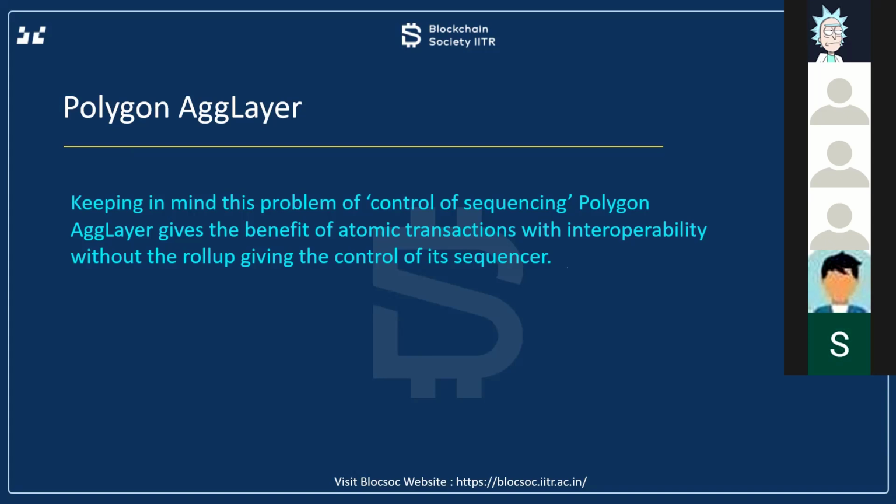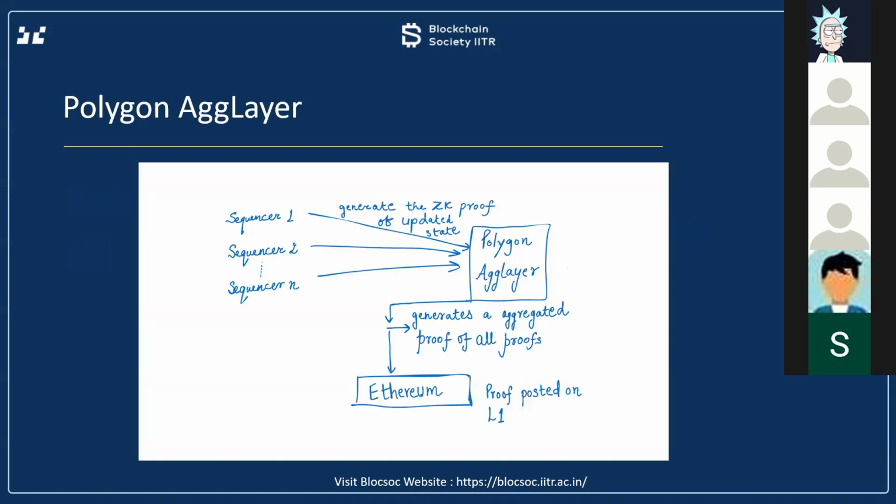So with interoperability, without the rollup giving up control of the sequencer, whether I want a decentralized or centralized sequencer, the control is now given to the chain itself. This is the design of how Polygon's aggregation layer works.